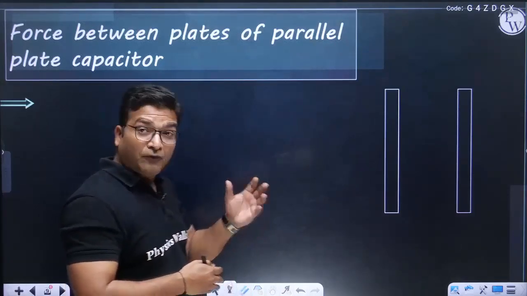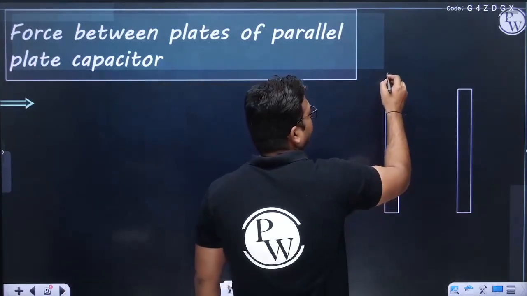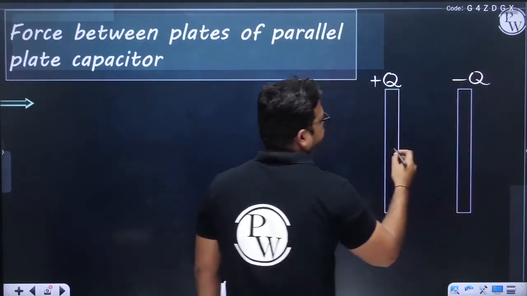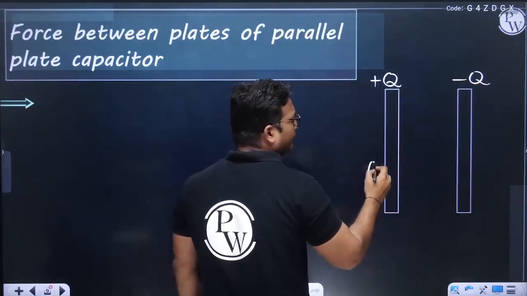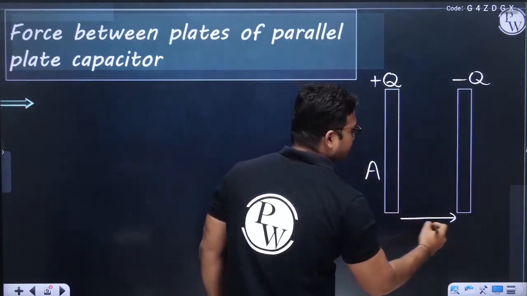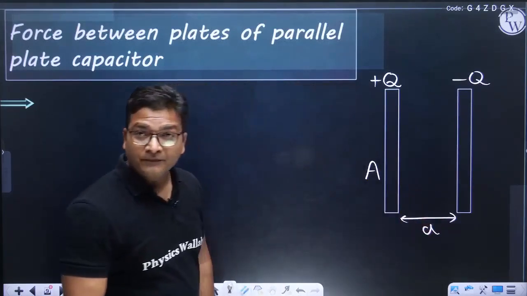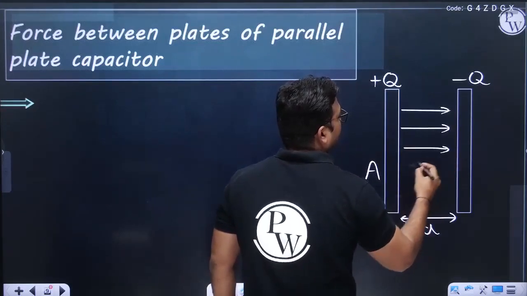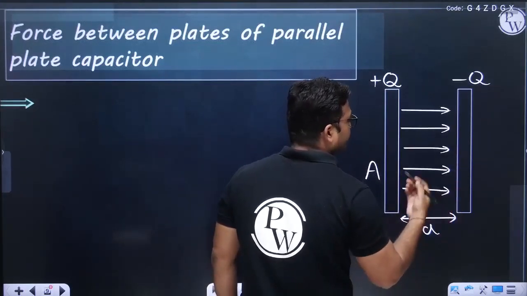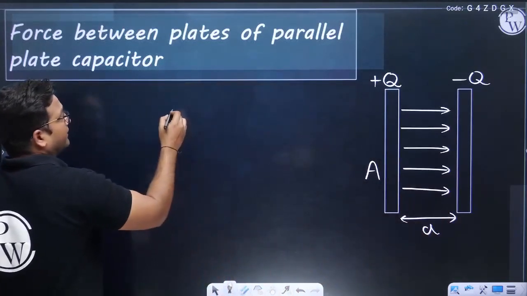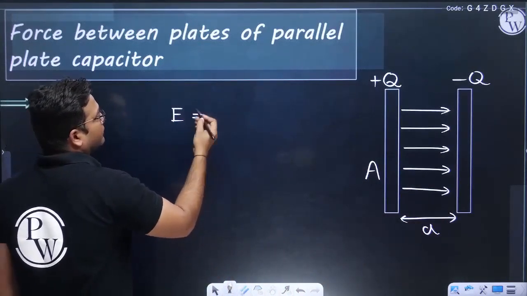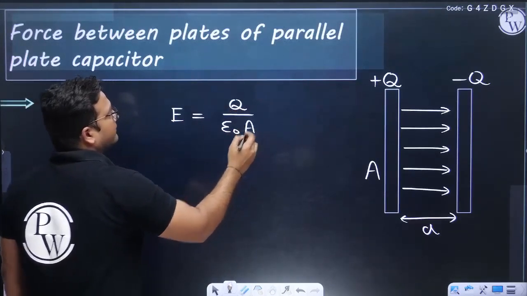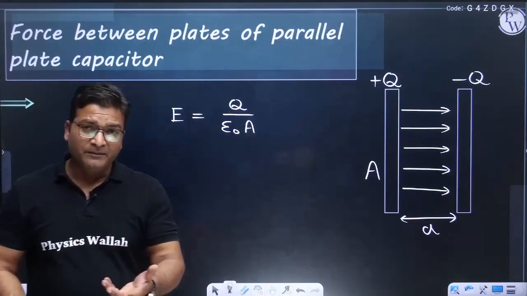So if we want to know the force between them, let's suppose one has charge plus Q and the other has charge minus Q. If the area of the capacitor plates is very large as compared to the gap between them, obviously the electric field between them is almost uniform, and this electric field is equal to Q by epsilon naught A, and I told you this a few minutes back.